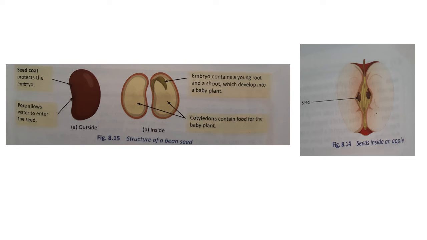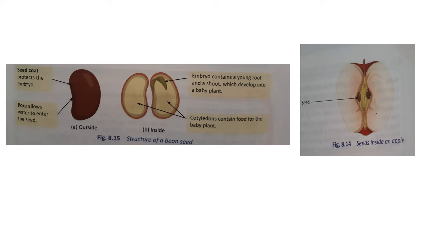The ovules change into seeds. The seed has an embryo that develops into a new plant under suitable conditions. What do suitable conditions mean? Availability of sufficient water, air and warmth. Understood, students?